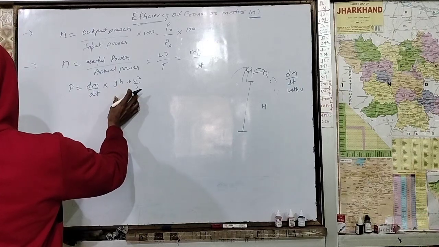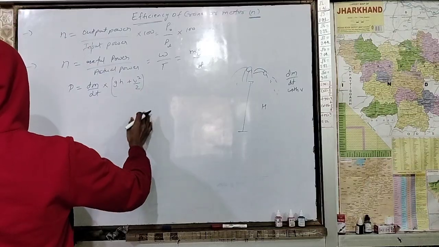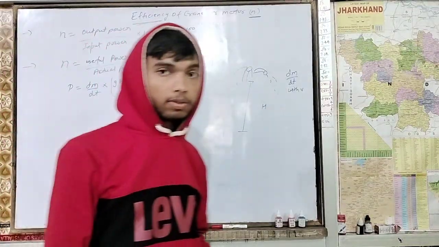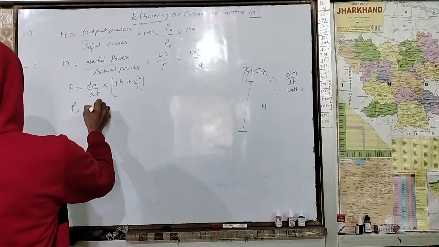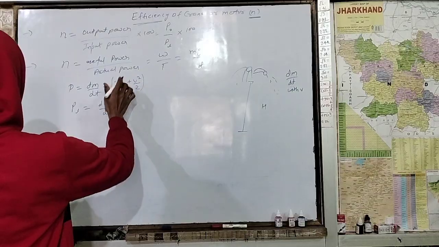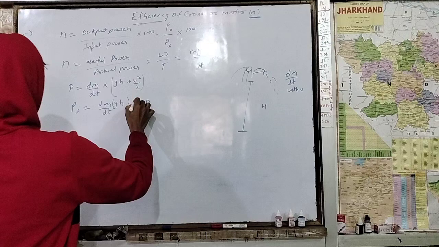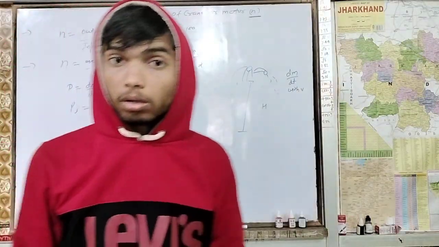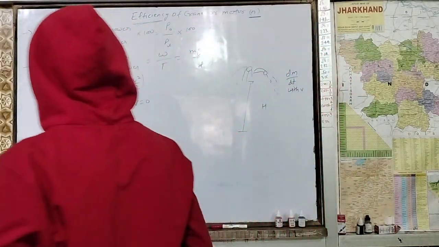This came from the equation, upon time. If water lifts without velocity, velocity is 0, so the formula becomes P equal to dm upon dt times gh, as the velocity term becomes 0. If a pump is providing water with velocity, then you will use this formula for P output.